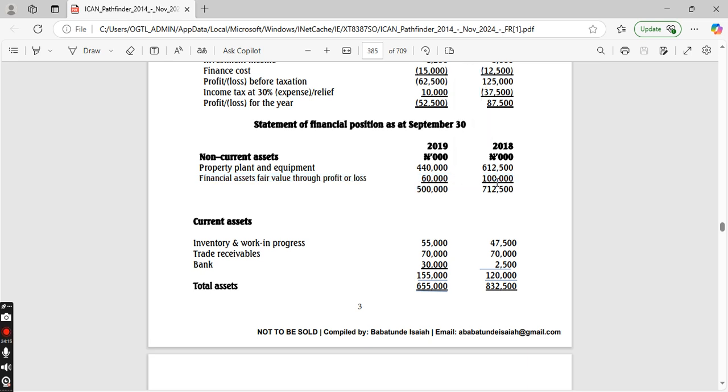It has reduced by 40,000, right? Yes, I saw it now. That's an outflow, right? Yes, sir. So if it has reduced by 40,000, we need to bring it back in.